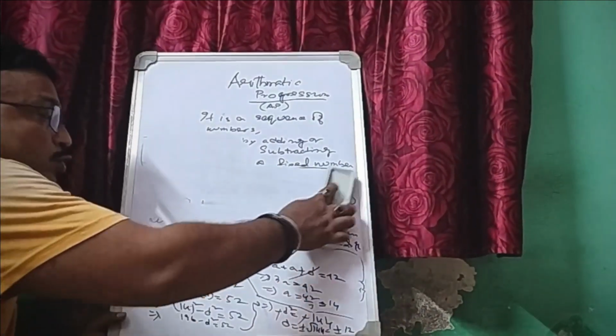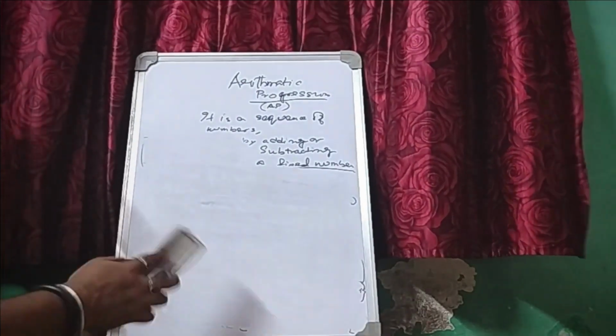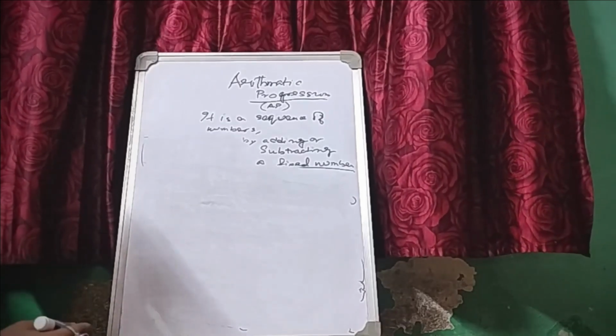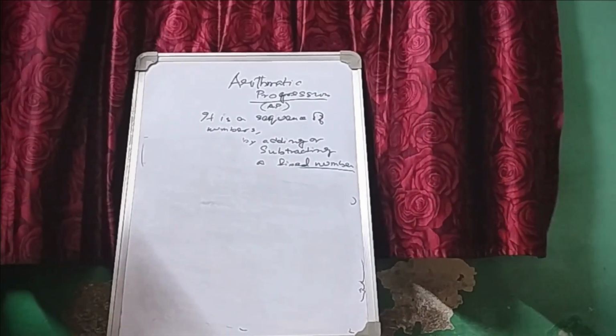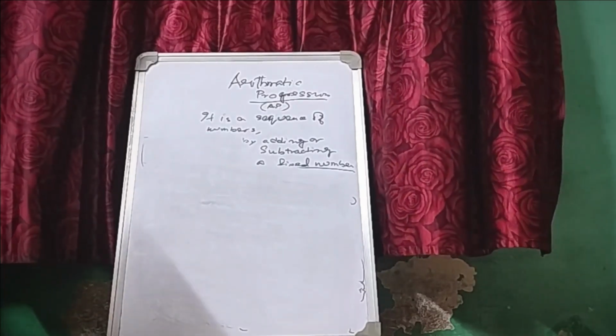But some questions will be in your mind. Sir, here you have shown that if three terms are in AP, then we take a minus d, a, a plus d.